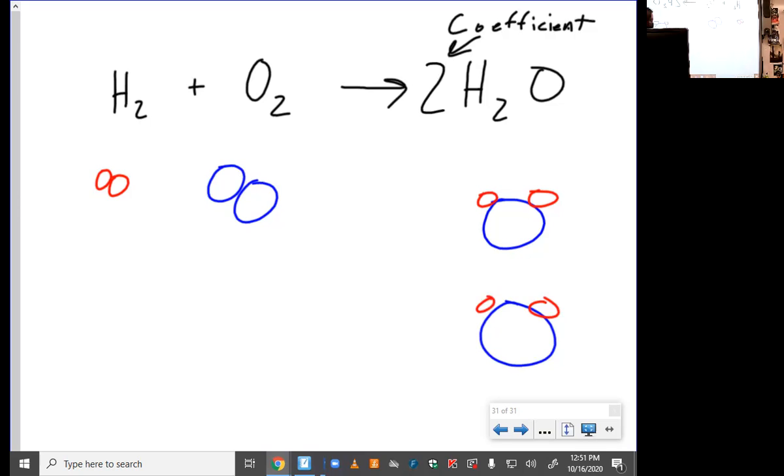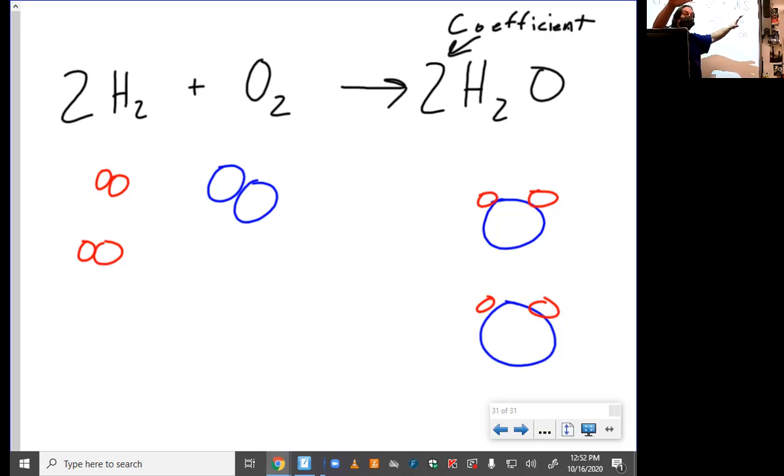So to solve that problem, I'm going to do the same thing. I'm going to get another molecule of hydrogen, and to show that, I just put a big pretty coefficient in front of the hydrogen. So to balance chemical equations, what you do is you add coefficients to your equations until everybody is happy.